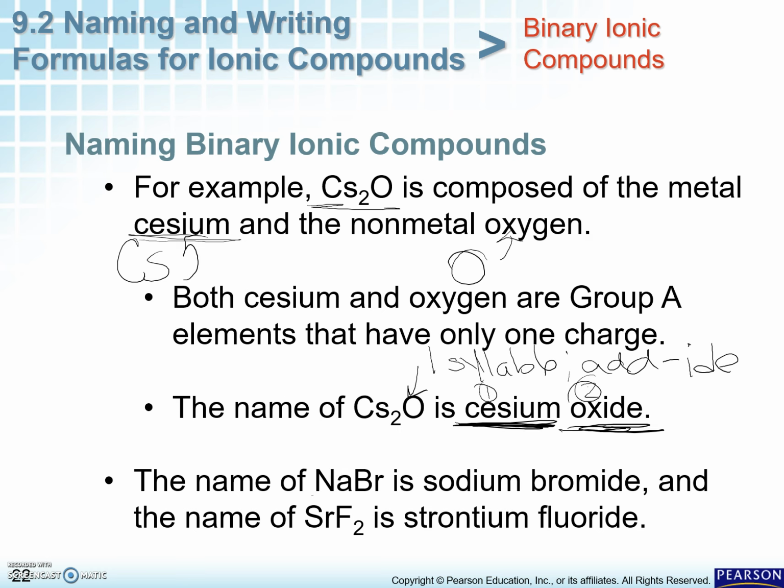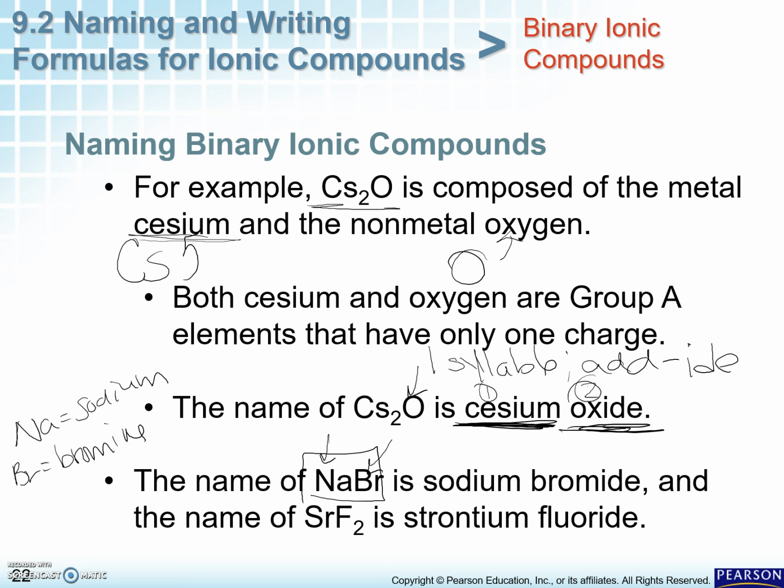So let's look at NaBr. Again, you look at your periodic table to figure out what Na stands for. Na stands for sodium. And then you would take your Br and find out what the name of that one is, and that's bromine.